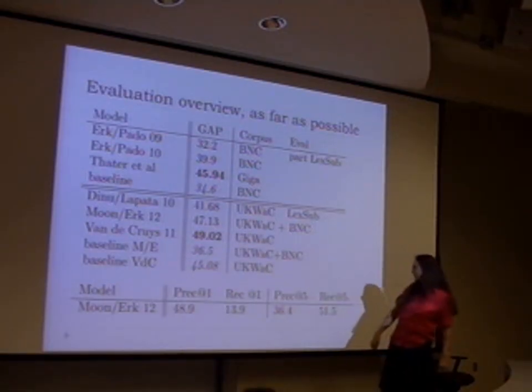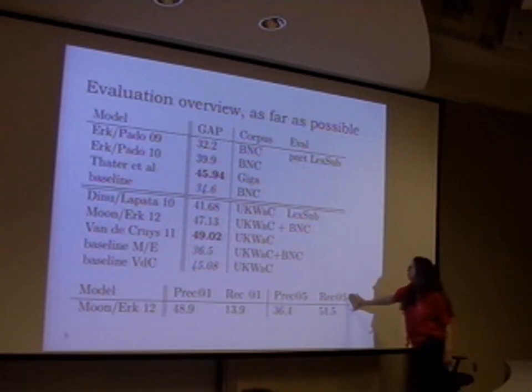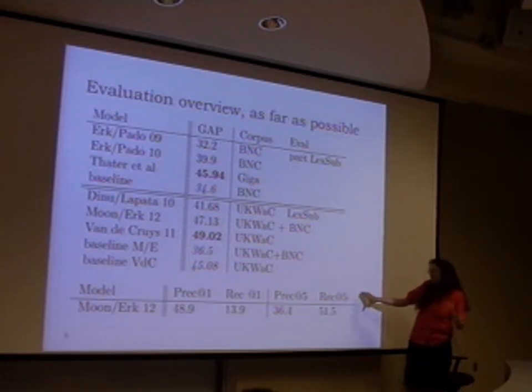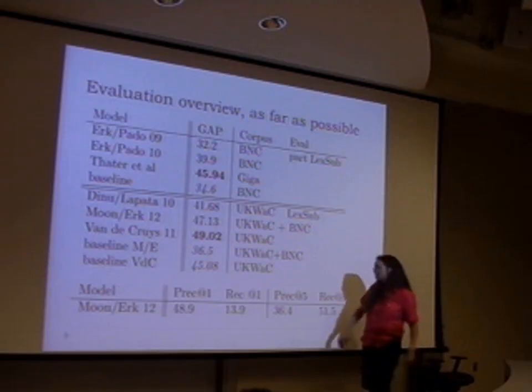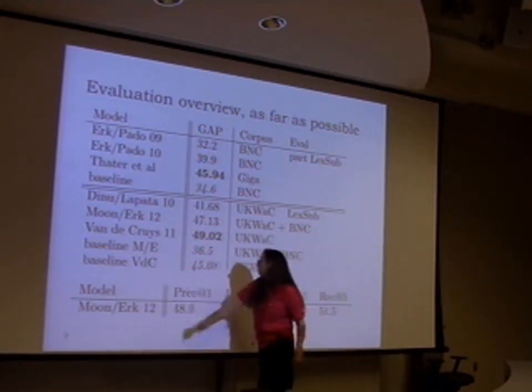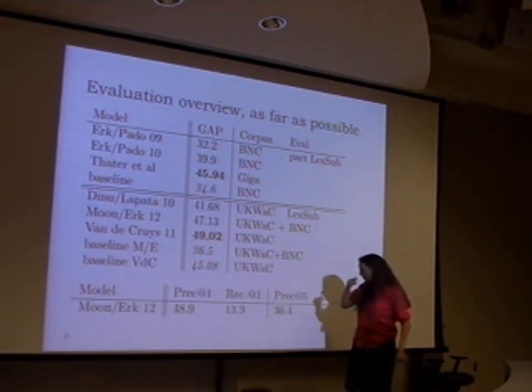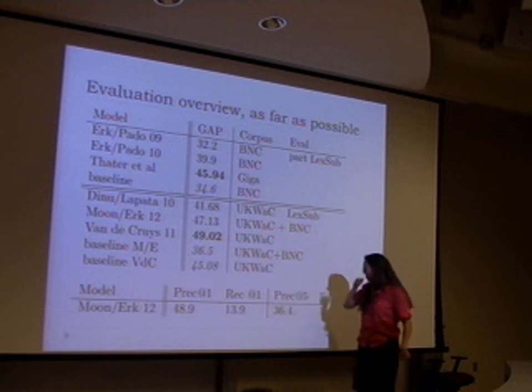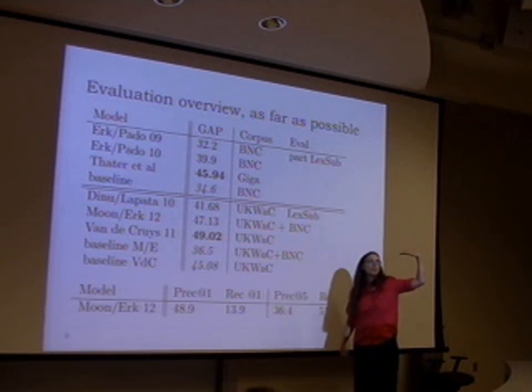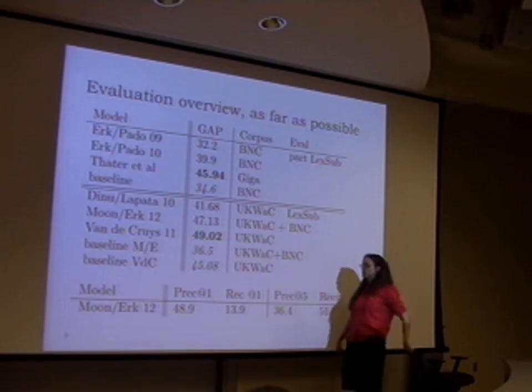But here's our precision and recall measure, which I think says more about where we are at the moment. I unfortunately only have that for our recent model. So this is at different levels in the model's predicted ranking, what's the precision and recall.